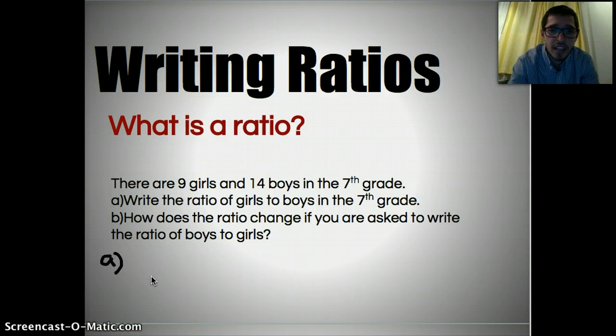So A. If we're writing the ratio of girls to boys, well, that can be written in a few different ways. First, you could write it as there are 9 girls, 9G, to 14 boys, 14B.